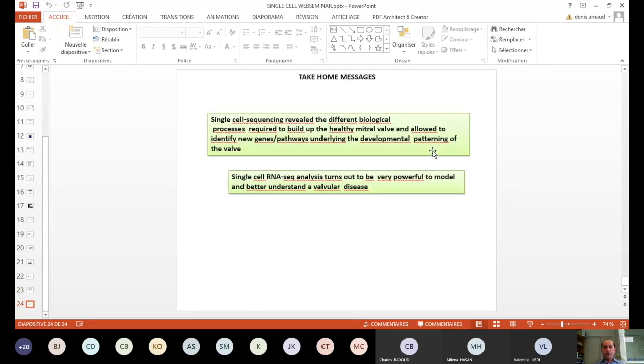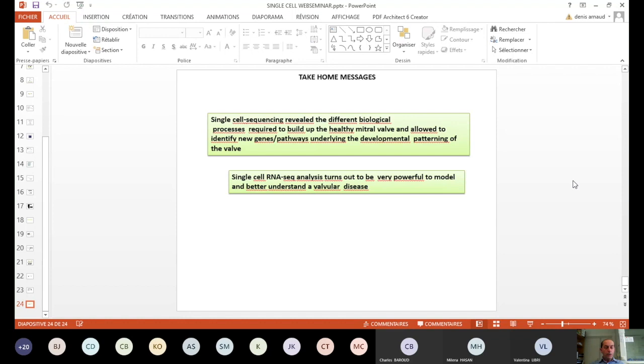So to sum up the whole story, I think you have been convinced that single cell sequencing in terms of developmental biology is very powerful to get the different biological processes, here to build up the normal mitral valve, as well as the diseased mitral valve.